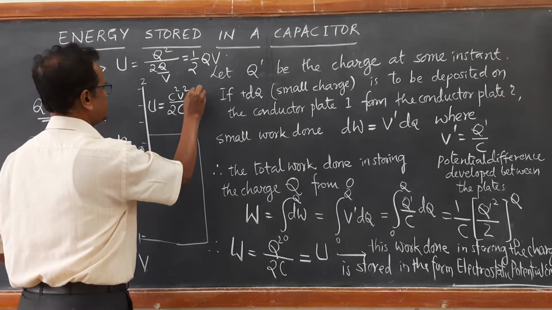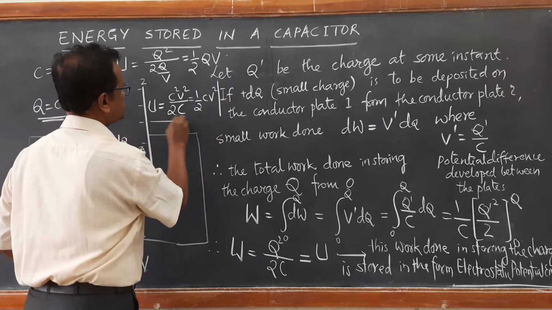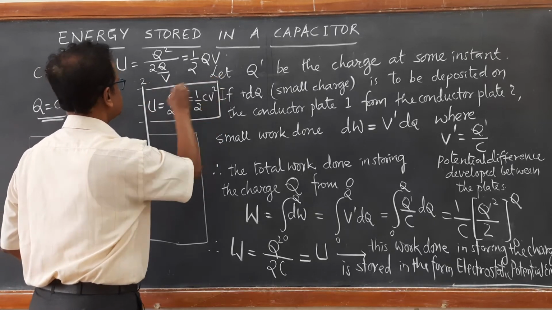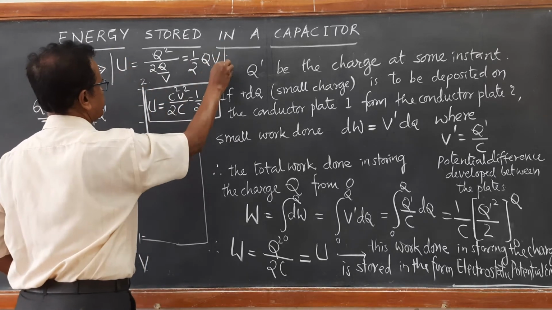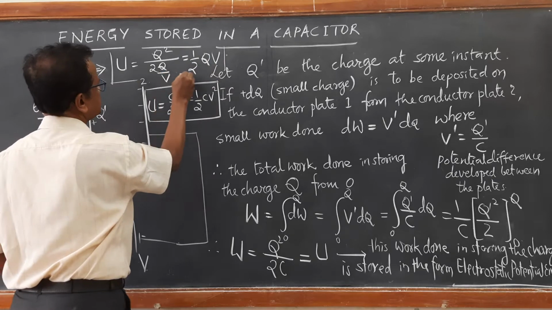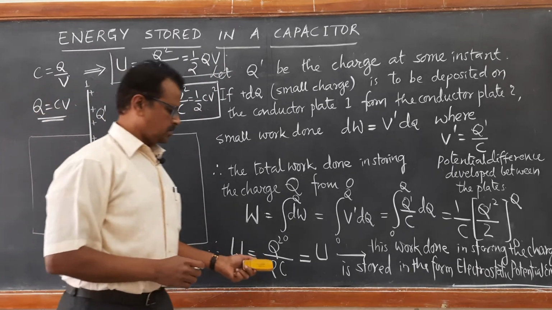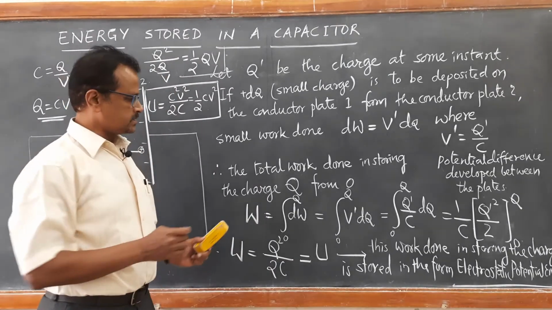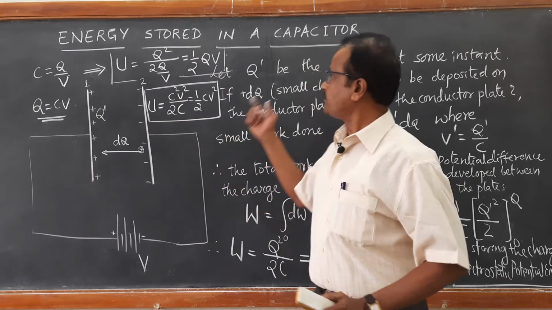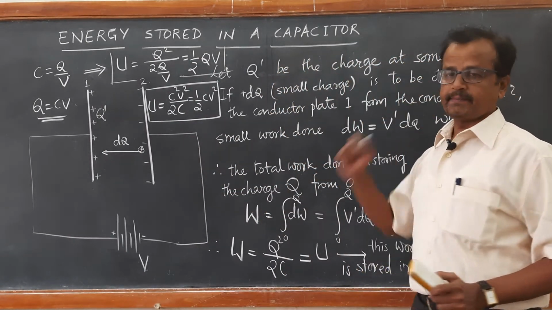So you are left with half CV square. So these are the three equations. You can use half QV, or half CV square, or Q square upon 2C. So thus we obtained the electrostatic potential energy stored in a capacitor.